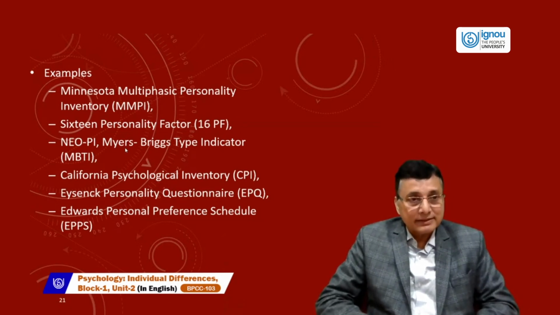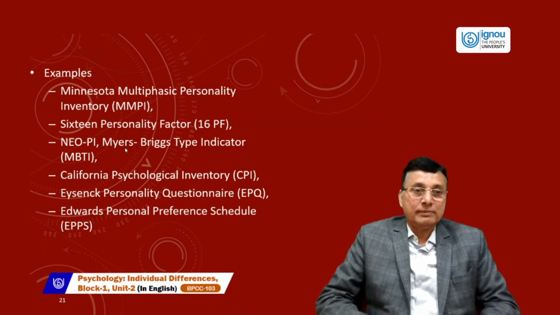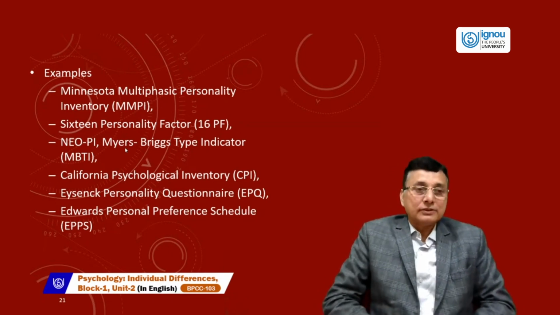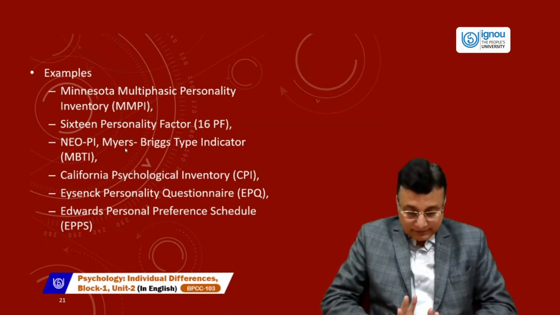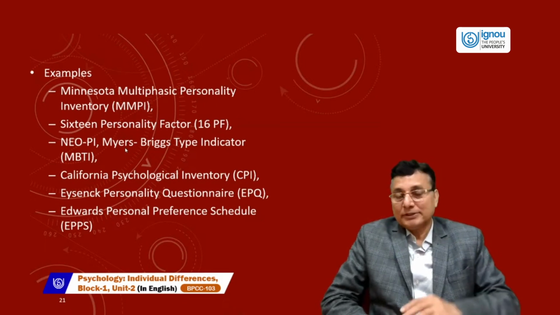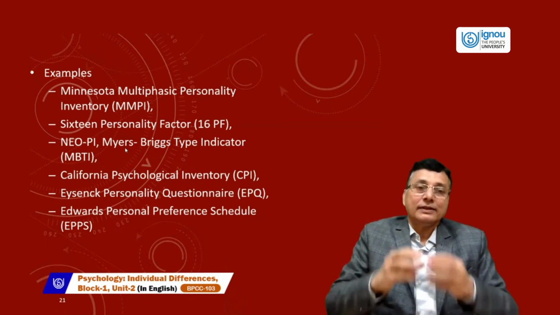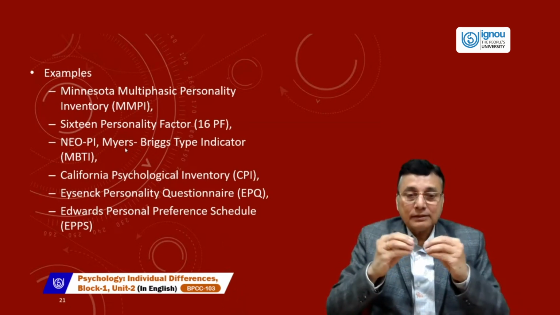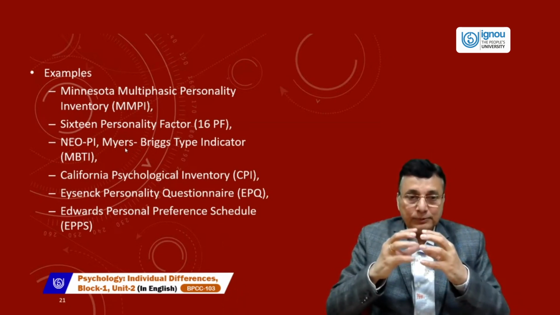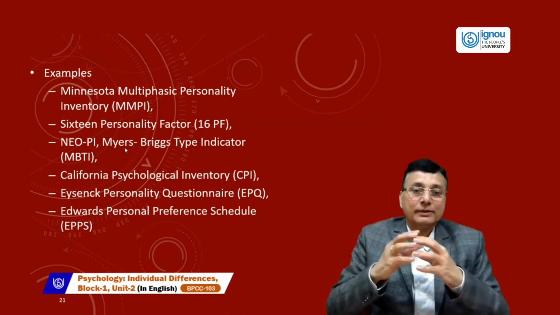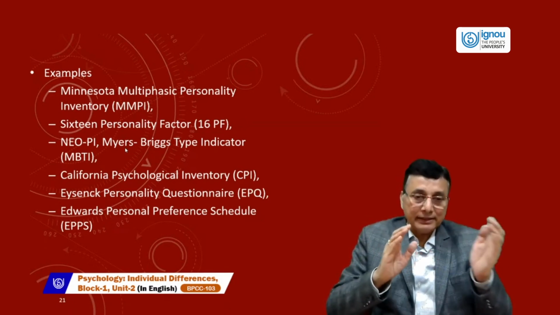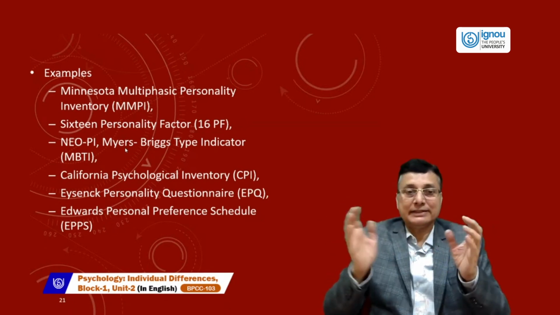Then another one is the 16 Personality Factor questionnaire, 16PF in short, and it is given by Raymond B. Cattell. Cattell has given 16 factors of personality, which we discussed in our last class, and they are on a pole, for example, introvert or extrovert. This is not there, like less intelligence or more intelligence.